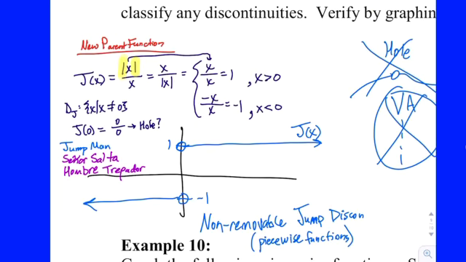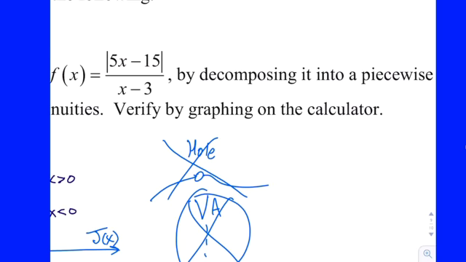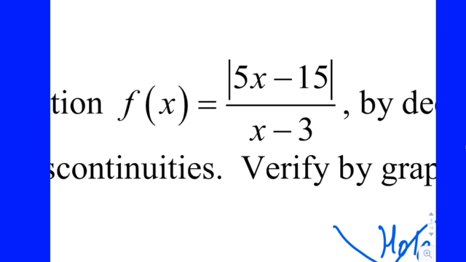All right. So now let's look at f of x. F of x is a transformation of Jumpman, okay? How can you tell he's a transformation of Jumpman? Well, it's a ratio, and what do you see? Absolute values, right? We have absolute values of a linear function, that's an x to the first, over a linear function.